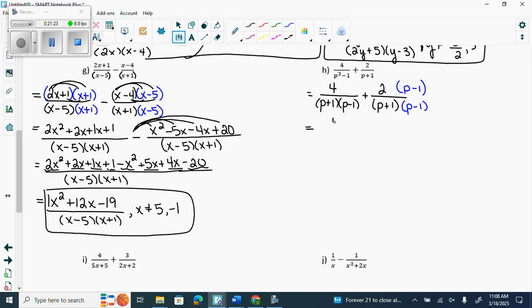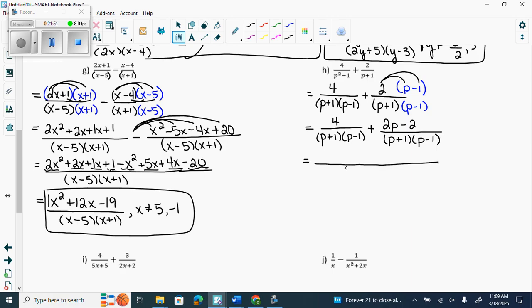So I'm going to get 4 over (p plus 1)(p minus 1) plus 2(p minus 1) over (p plus 1)(p minus 1). There's no point in distributing them. If you do, you're going to have to factor them back to get your non-permissible values. We have a common denominator, so we write it all over that denominator, (p plus 1)(p minus 1).